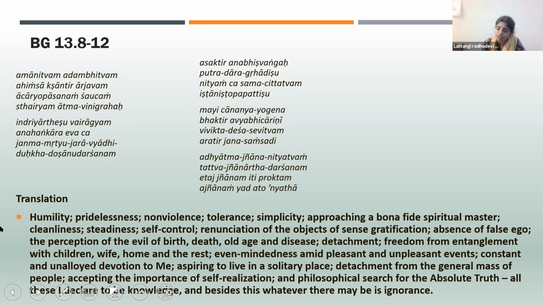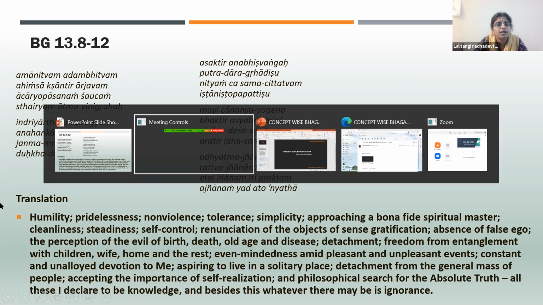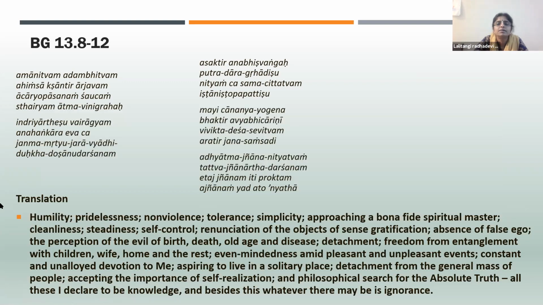Text 1 and 2, if we see: Arjuna said, "Oh, my dear Krishna, I wish to know about Prakriti, Purusha, and the field and the knower of the field, and of knowledge and the object of knowledge."